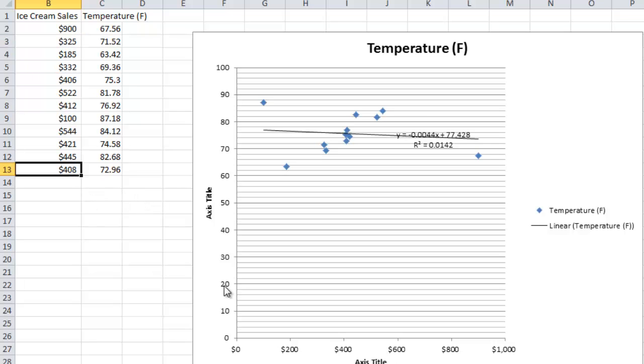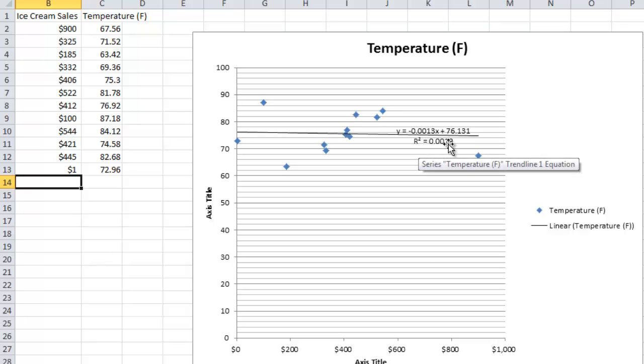If I've got 72.96 and I say I sold $1 on that day, well, now see here my correlation squared is even smaller. That means that there really isn't a valid relationship between ice cream sales and temperature, if this is the data that I have.